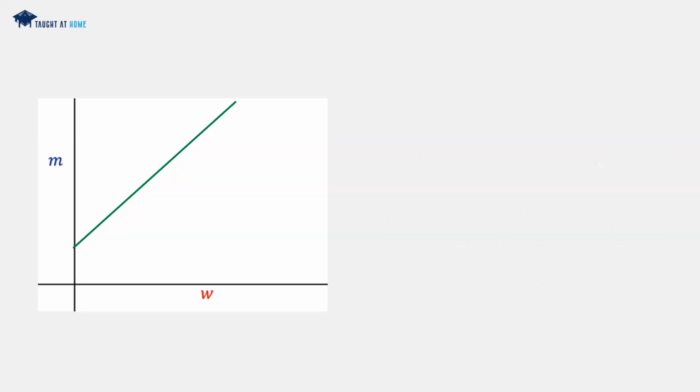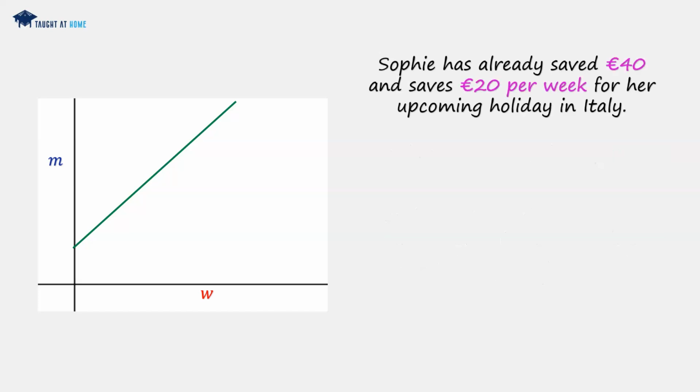Okay, so first of all, let's get the equation of this straight line. So she's already saved 40 euros and she saves a further 20 euros per week. So we've got the equation y equals mx plus c, and m in this case will be, well, it's 20 euros per week, so it will be 20.